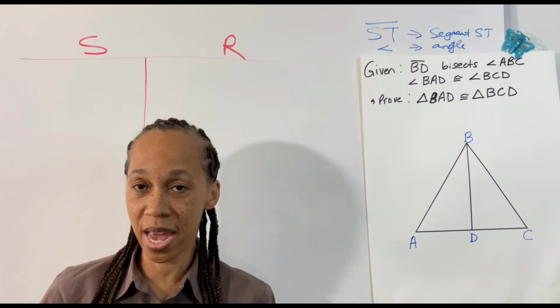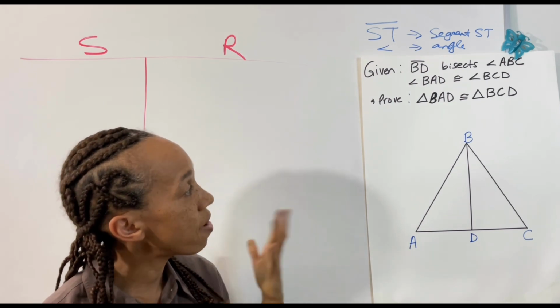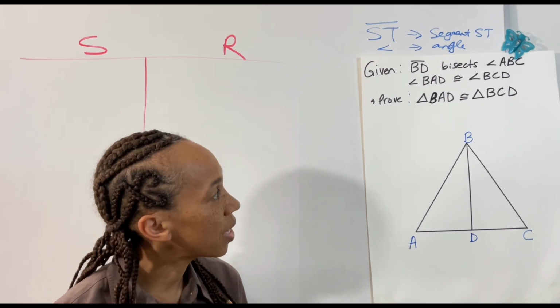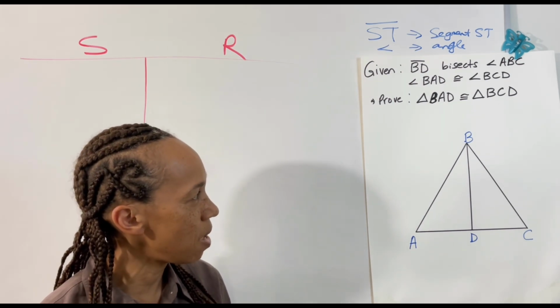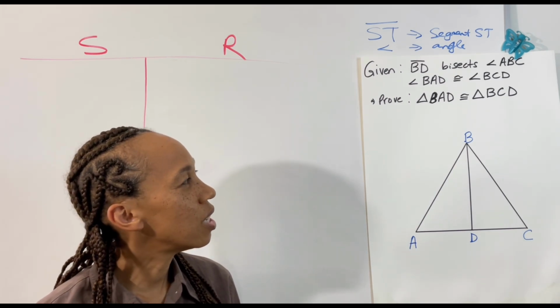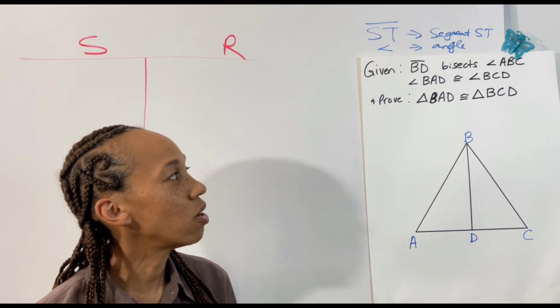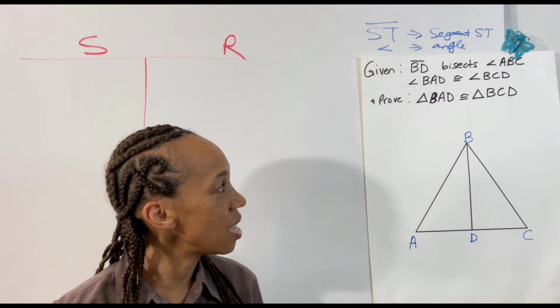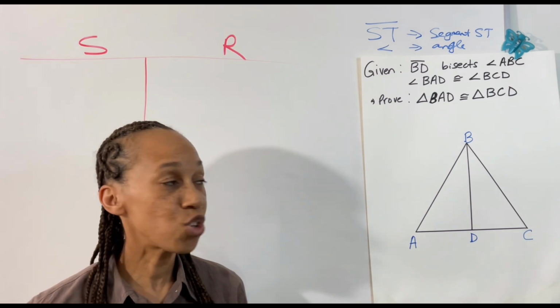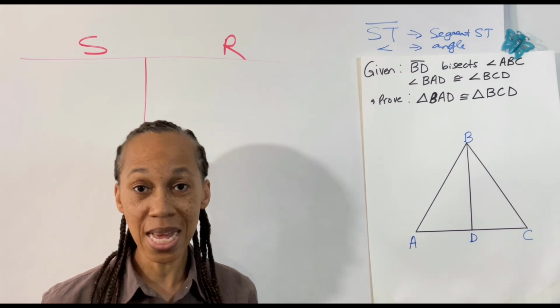The next example that I'm going to write a proof on is given to you, and it states that given that segment BD bisects angle ABC and angle BAD is congruent to angle BCD, we're to prove that triangle BAD is congruent to triangle BCD.